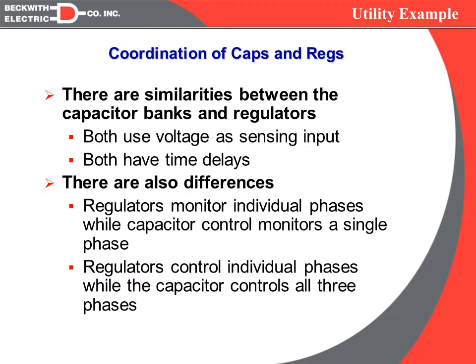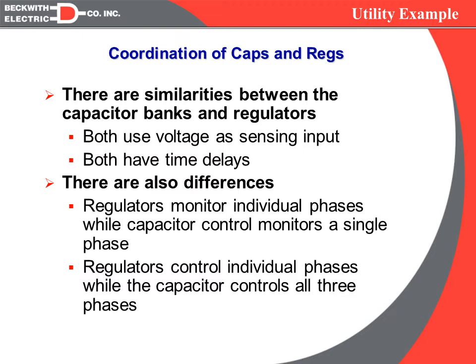As we discussed in part number 1 of this session, we're going to use voltage so that everything's sensing the same thing, and we're going to have time delays. So we want the settings such that the only variance is the time delays.